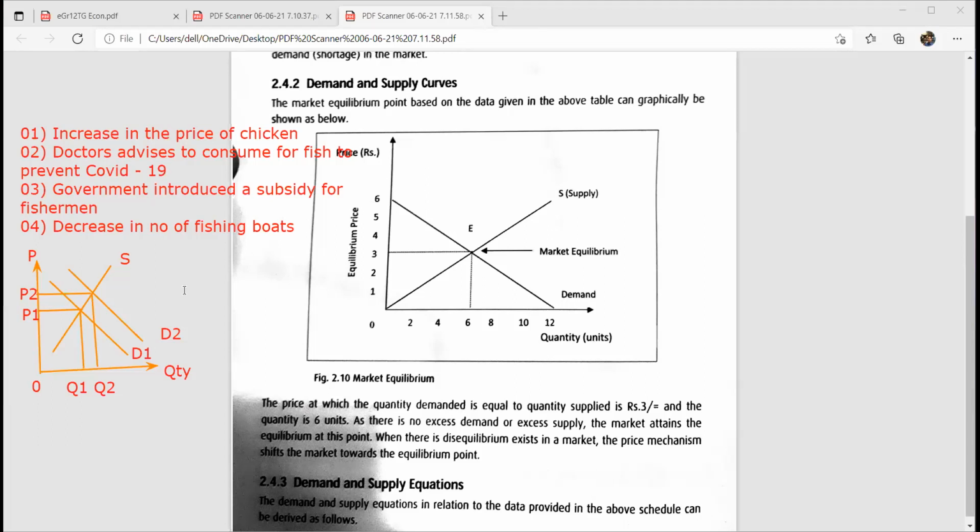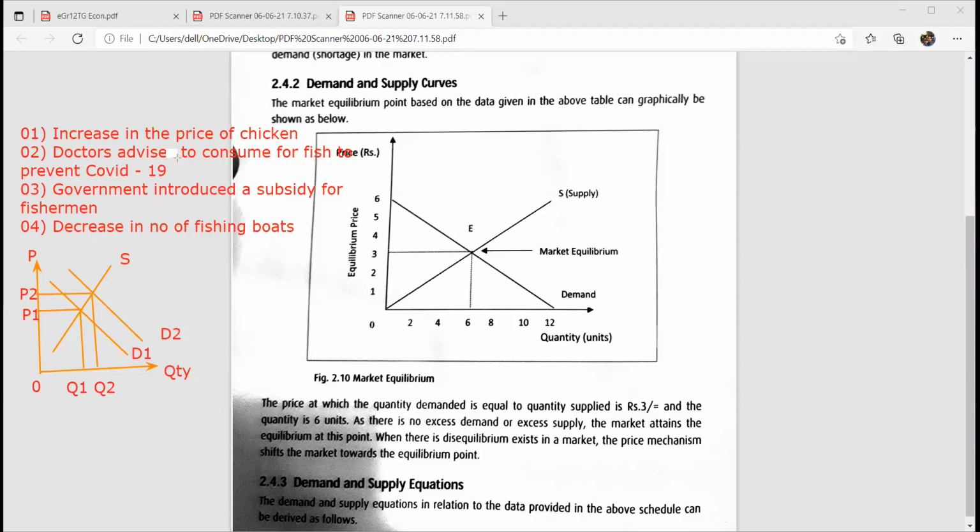You have to say, in the next case, doctors advise to consume more fish to prevent COVID-19.